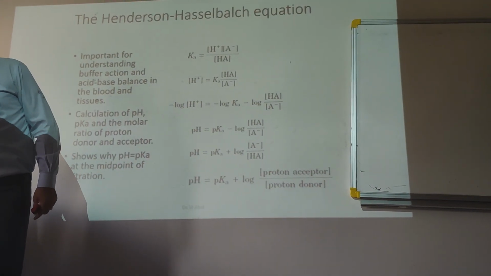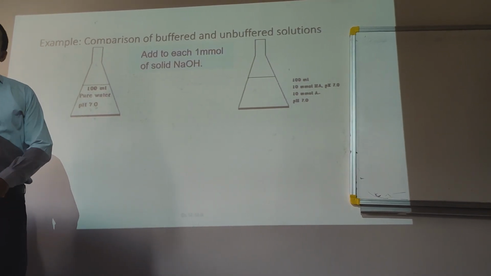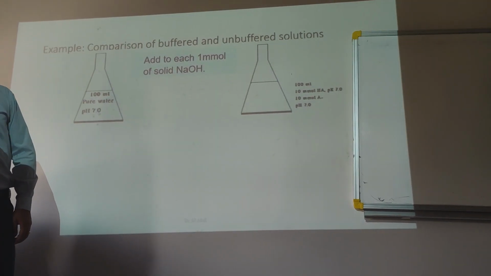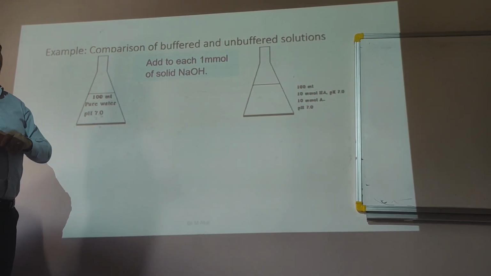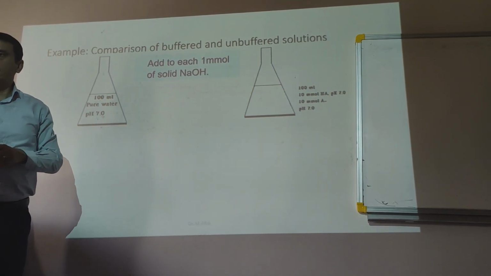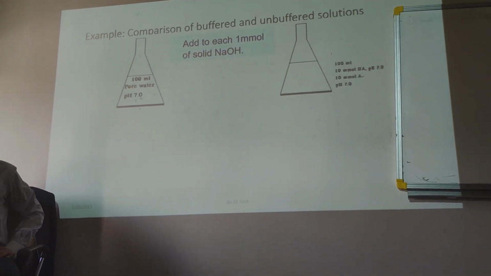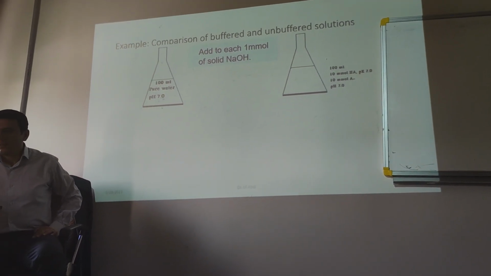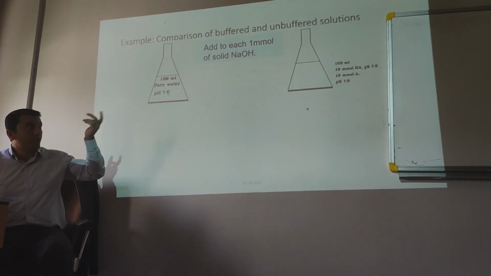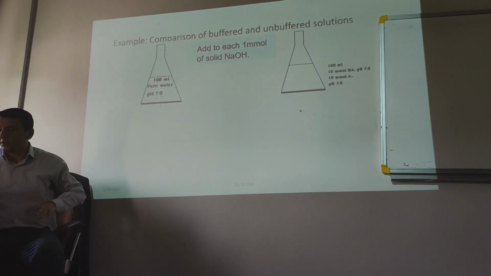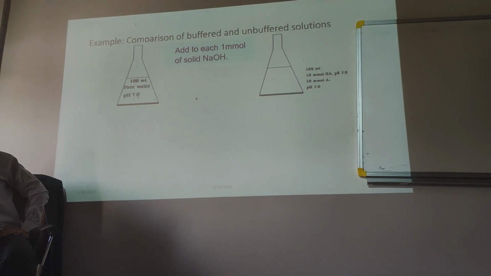Well, let's continue our class with a very good example. Comparison of buffered and unbuffered solution. What is the difference between a buffered solution and an unbuffered solution? Please don't look at your slides, and if you can, solve this problem. We have two bottles.